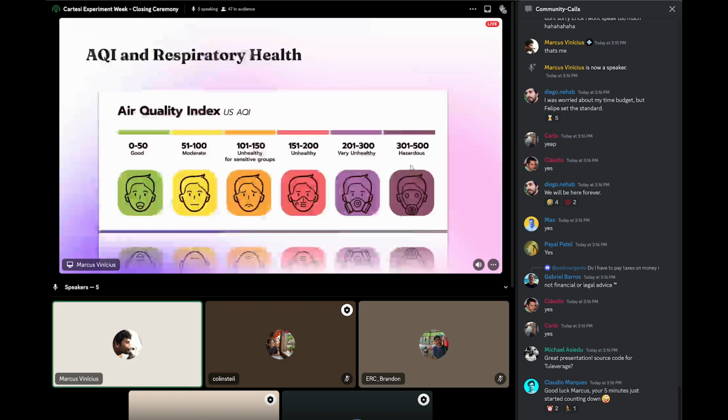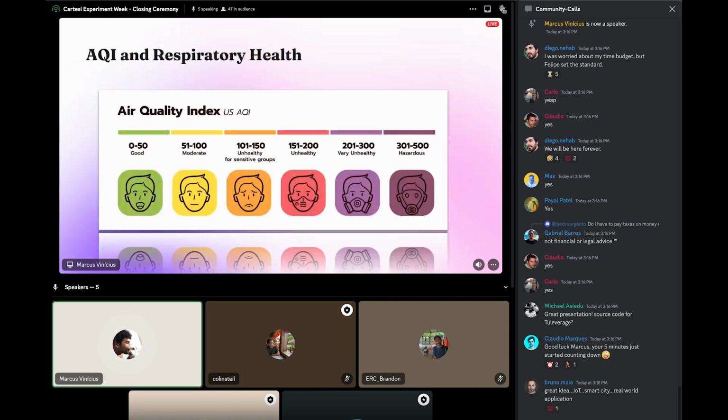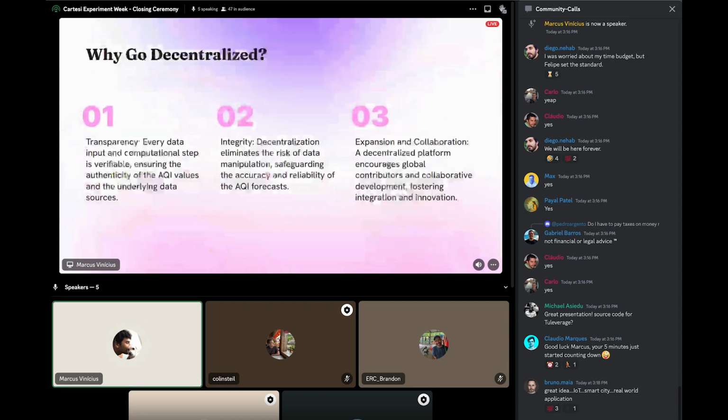And this kind of visual insight helps us to grasp the impact of the air quality levels. This AQI range here is from the US, but every region has its own range of AQI, so it's kind of region restricted, right? So why go decentralized here?